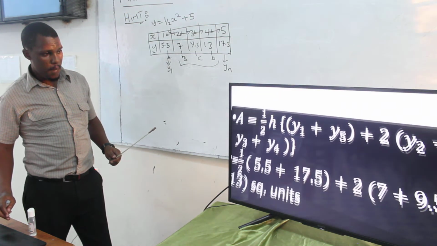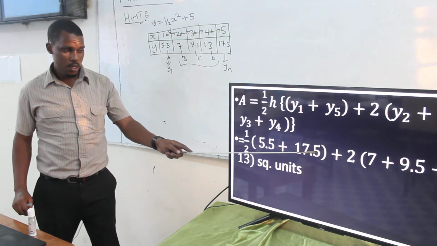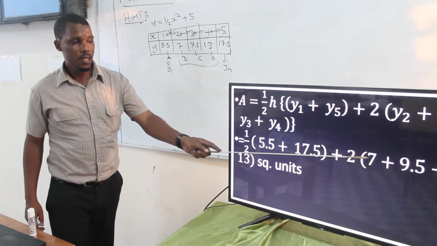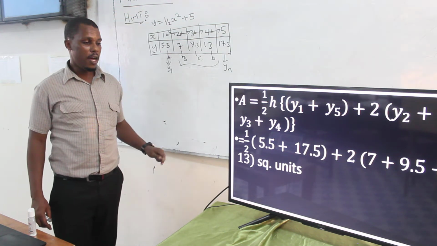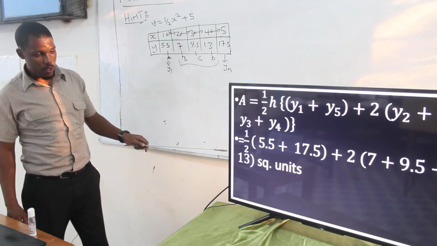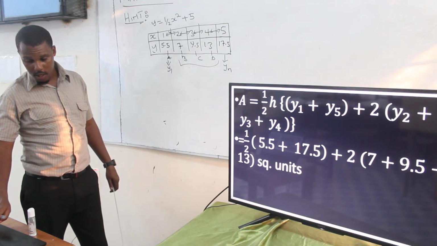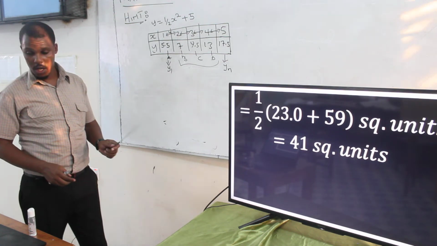In this case, when you add this one, and then you multiply this plus this one, then you multiply by 2. And then finally, you come here, you multiply by half. Your final answer is going to be 40 or 41 square units.